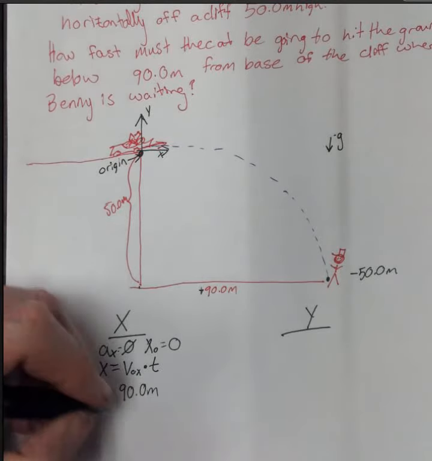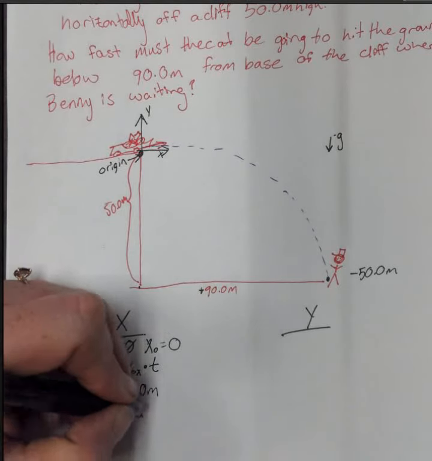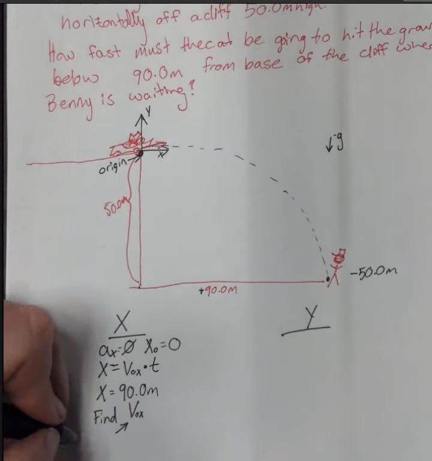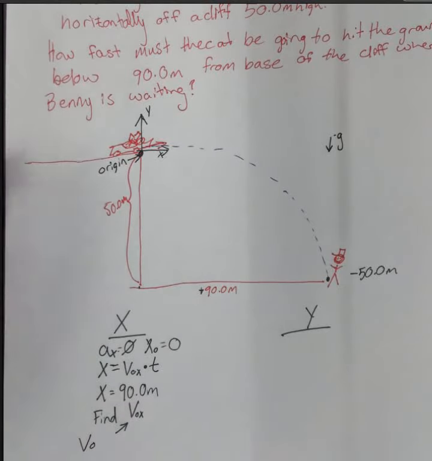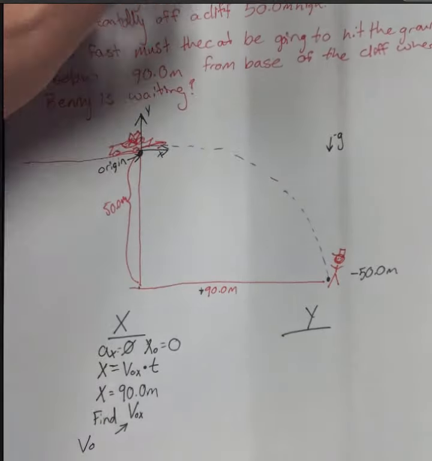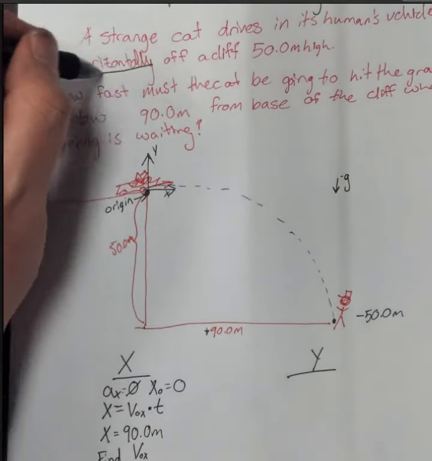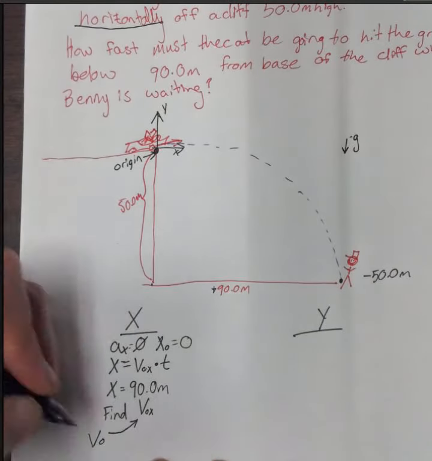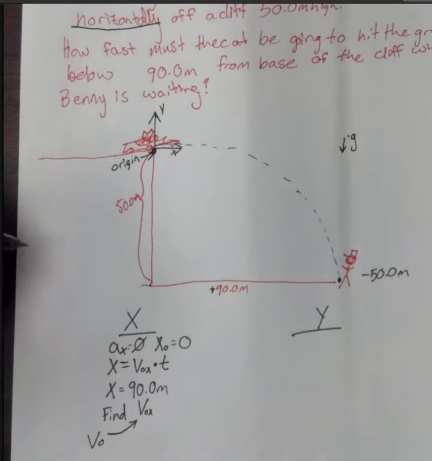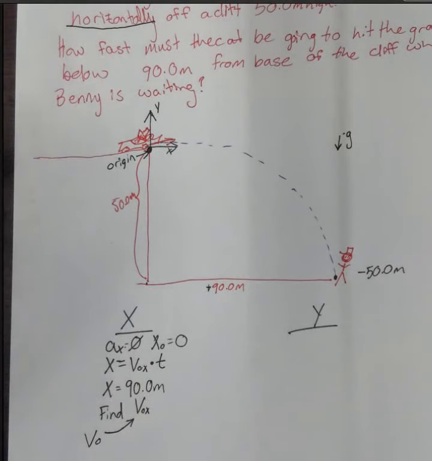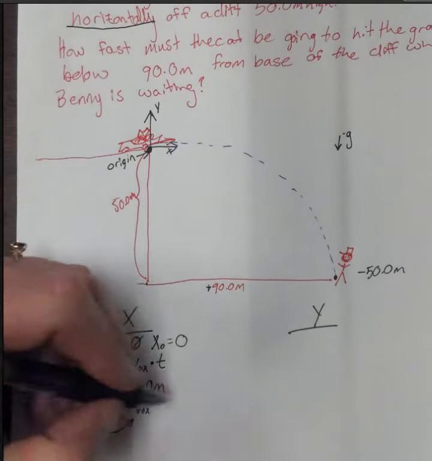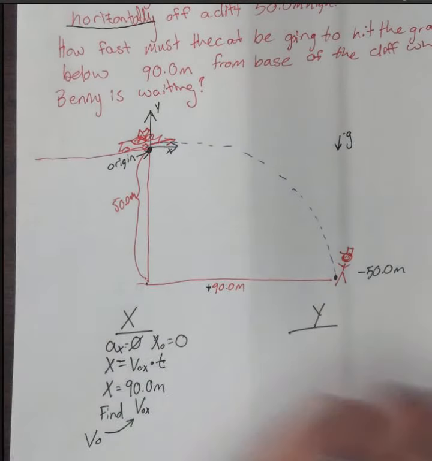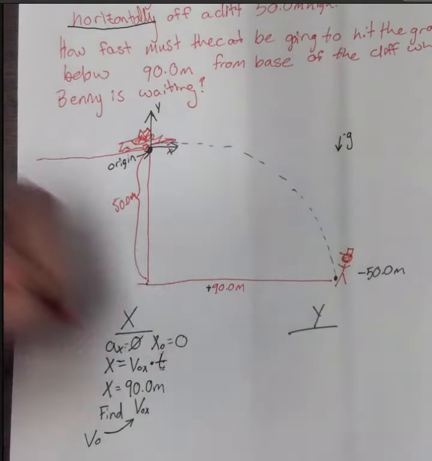And I'm going to need to find my v naught x, which will equal the initial velocity. And I know that because the cat is driving the human's vehicle horizontally off the cliff. So that means that the v naught is equal to vx naught. So those are my givens and my find for v naught. Notice I don't have t. I don't know this value yet.